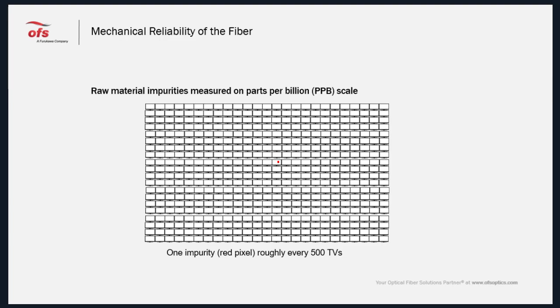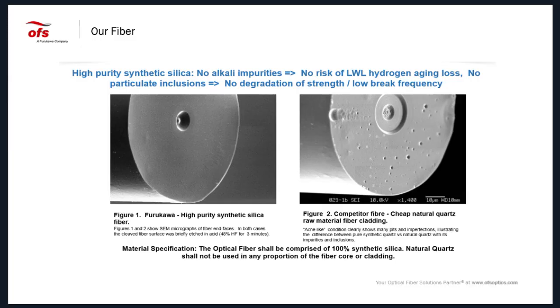And this is how it looks under the microscope. On the left side, you can see OFS fiber, which is made out of high purity synthetic silica. You can see that it is very pure, both the core and the cladding, with no impurities there.